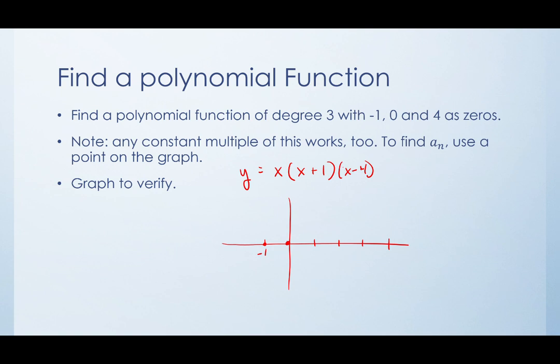And if we aren't given a point on the graph, we're just going to assume that it has a positive leading coefficient, and we're looking at something like this. Close enough. And of course you can throw that in GeoGebra and graph to verify.